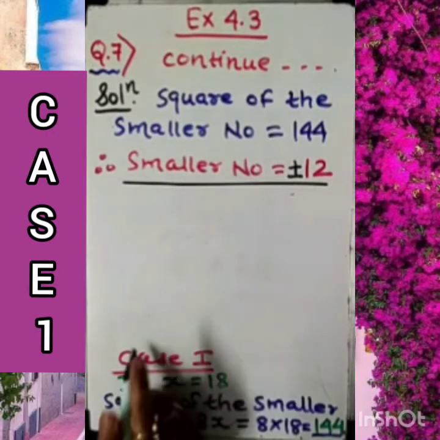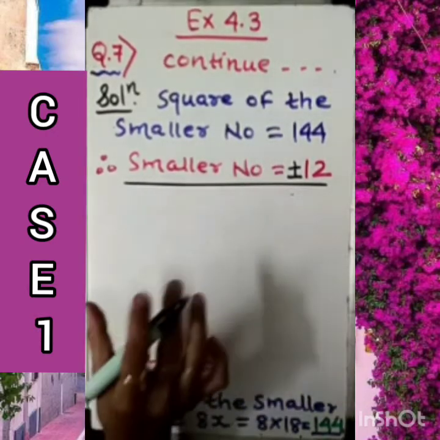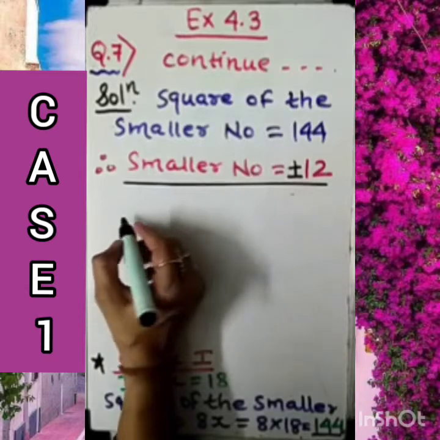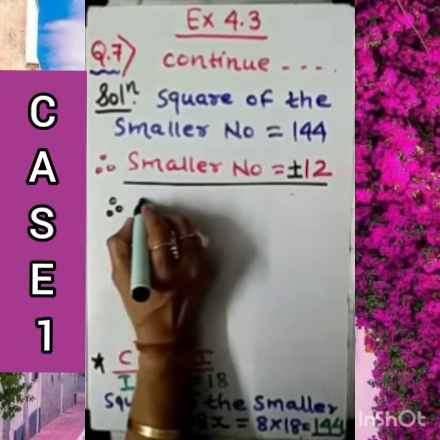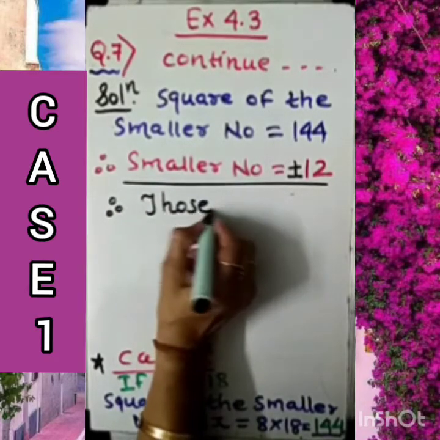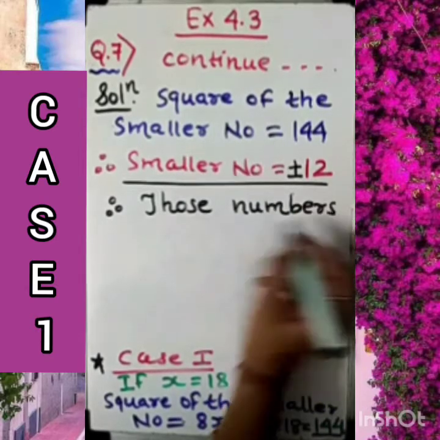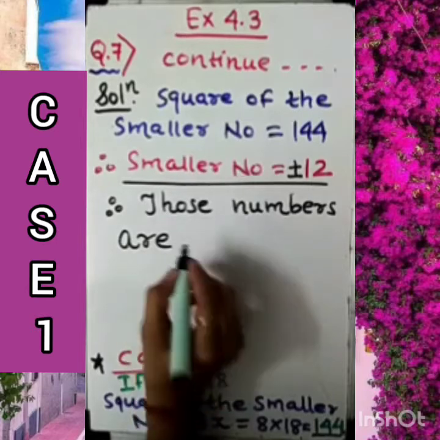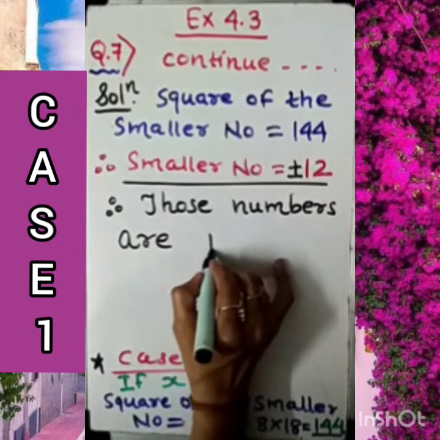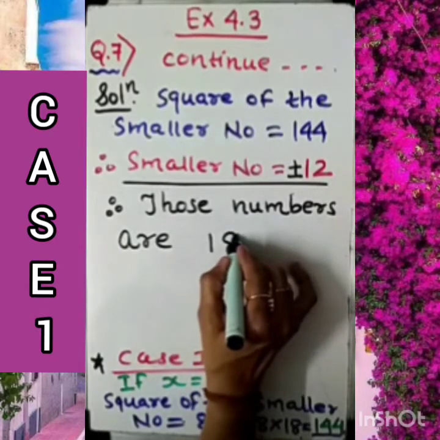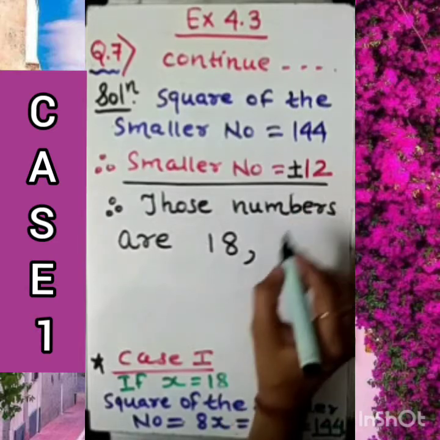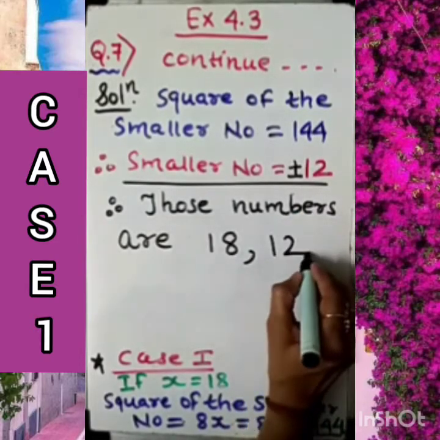So according to this case 1, the first result we need to write: therefore, those numbers are, which are the options? First, x equal to 18, larger number 18 we have considered, and along with that it can be plus 12.